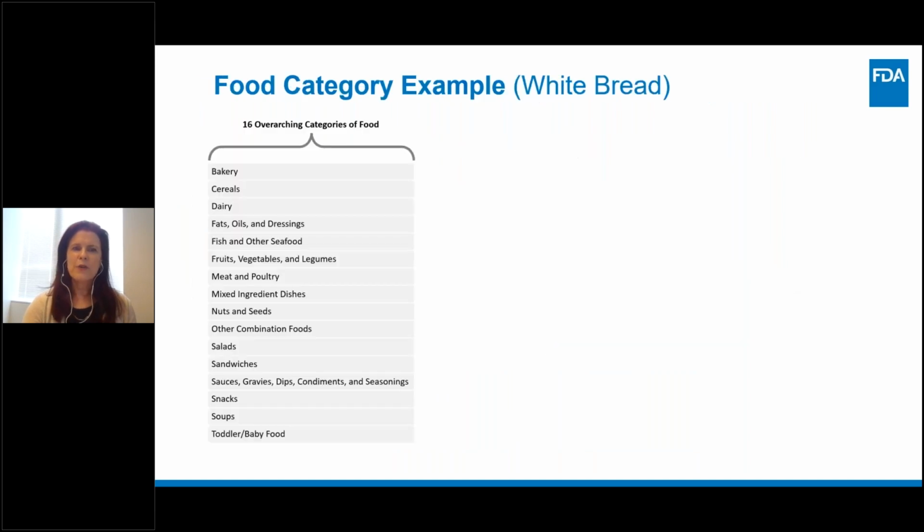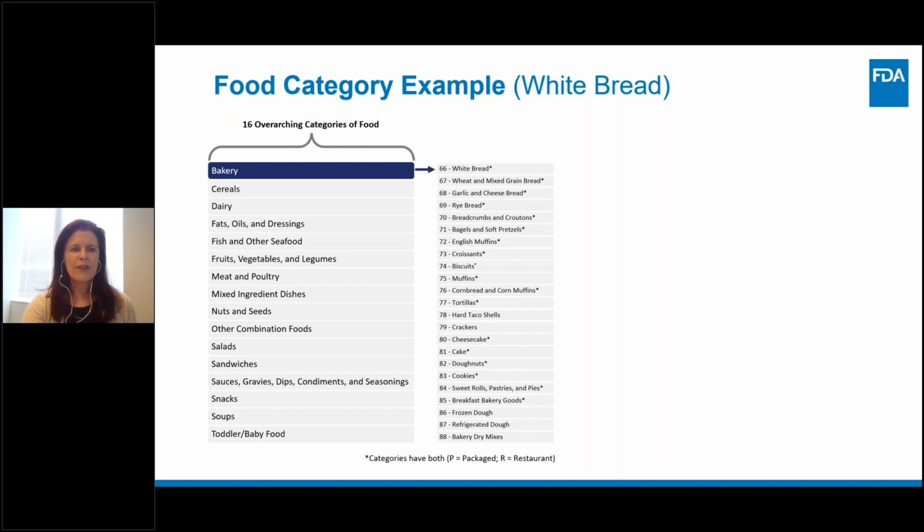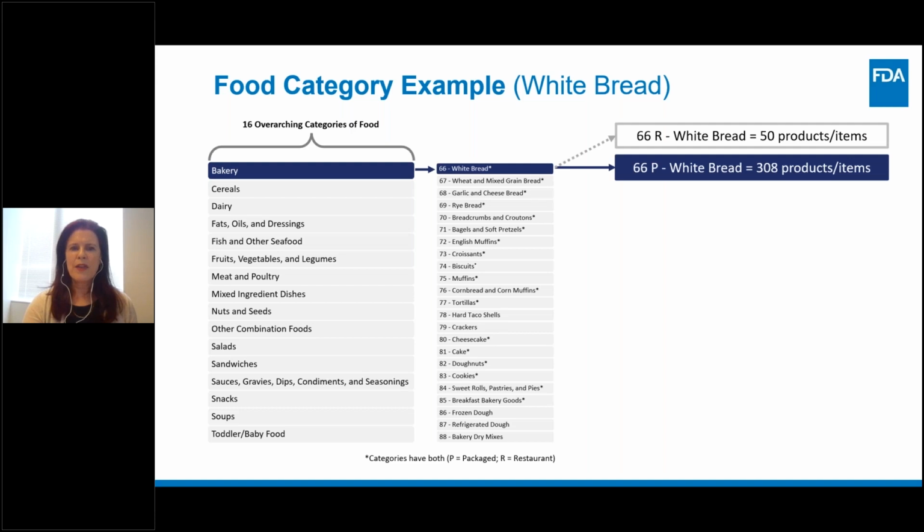So I thought I'd talk through an example in case folks are not aware of the FDA sodium reduction guidance. The 163 categories of food were broken into 16 overarching categories. Just taking one of these 16, you see the bakery category here, with a number of subcategories. Within that, looking at white bread, there's both a restaurant and a packaged food category for targets.